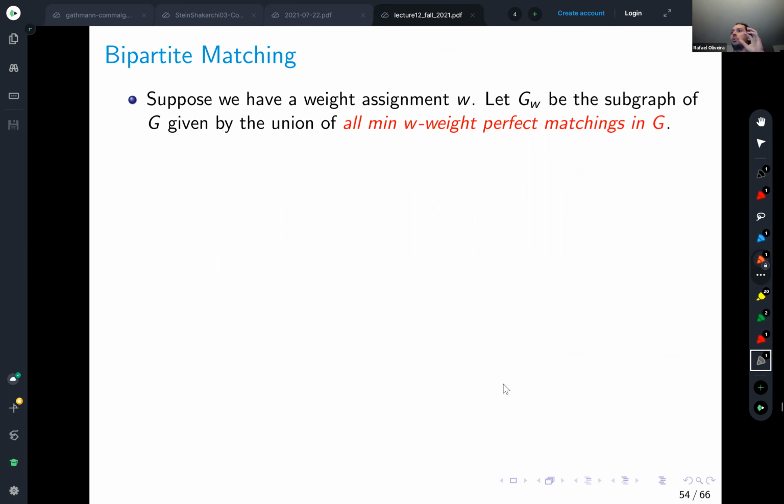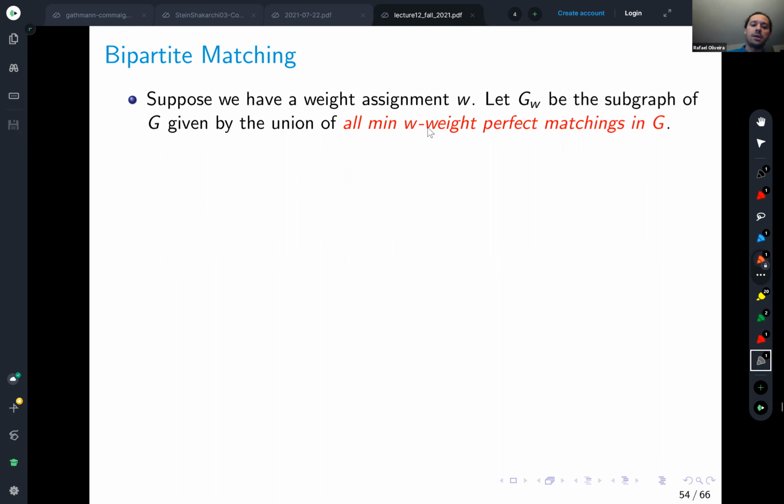But suppose now that we have any weight assignment, and let G of W be the subgraph of G. I have the same vertex set, but the edges of this new graph are: if an edge appears in a min W weight perfect matching in G, I add this edge to my graph G_W. Does that make sense?